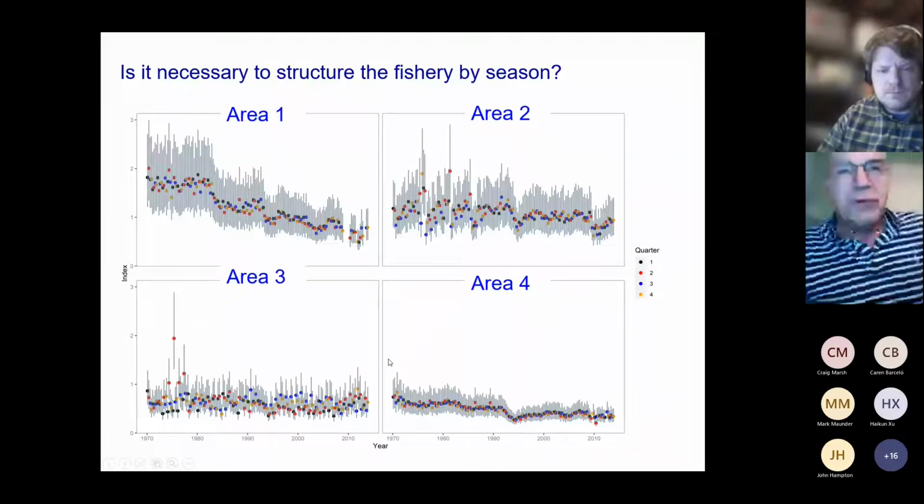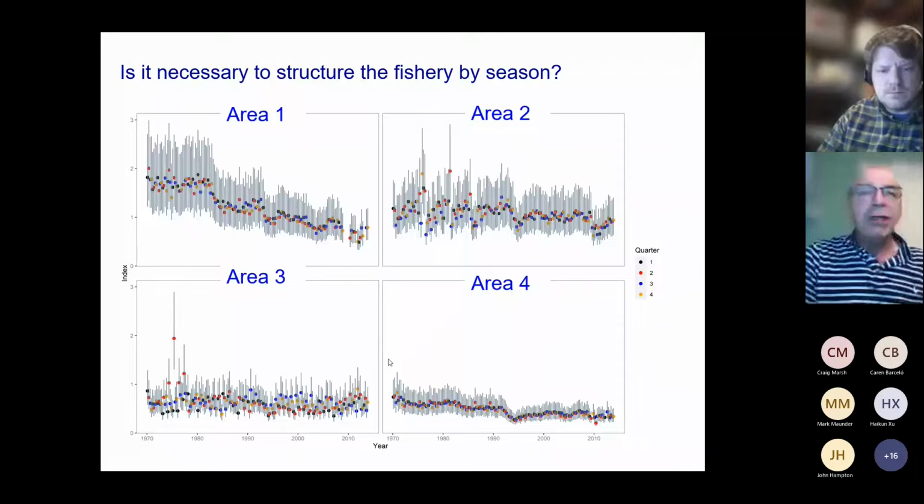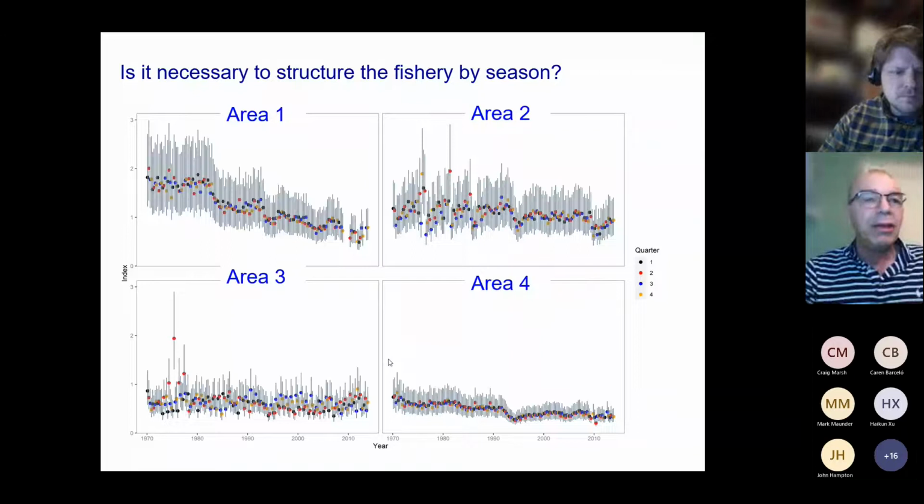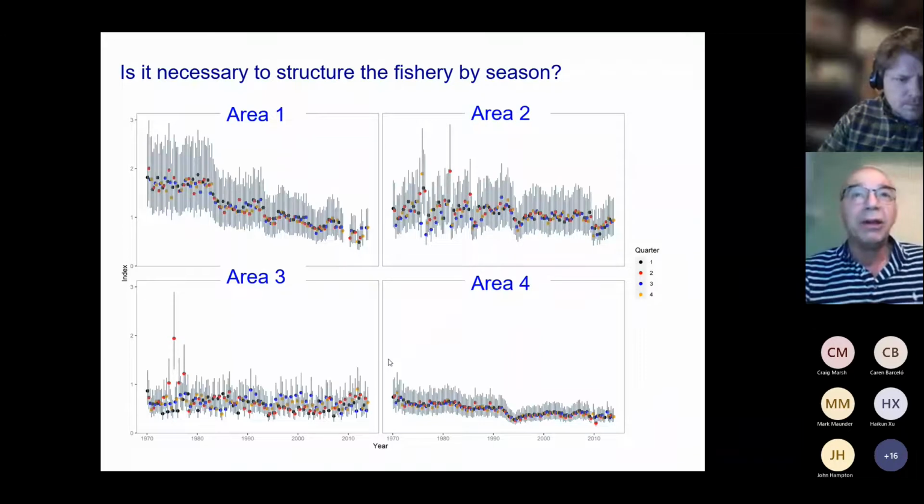So one of the questions we have, and here we're showing the CPUE trend across the 4 areas. And again, we see that in area 3, there is a very flat trend, where there is very little catch in that area, very little trend in that area.